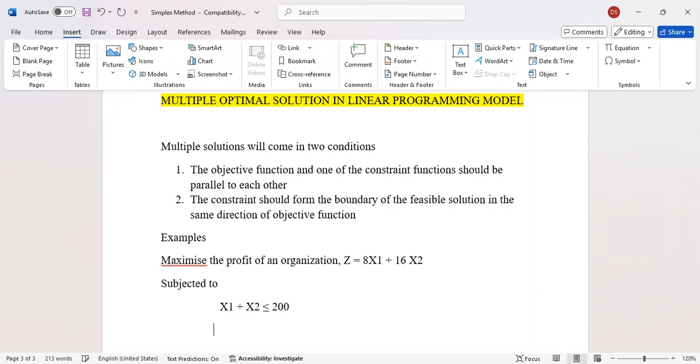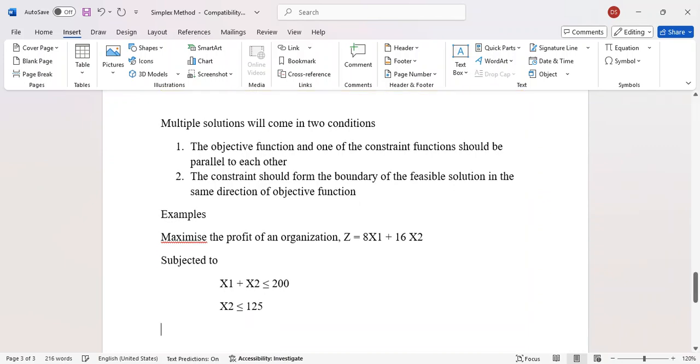The second constraint function is x2 should be less than or equal to 125. Third, 3x1 plus 6x2 should be less than or equal to 900.